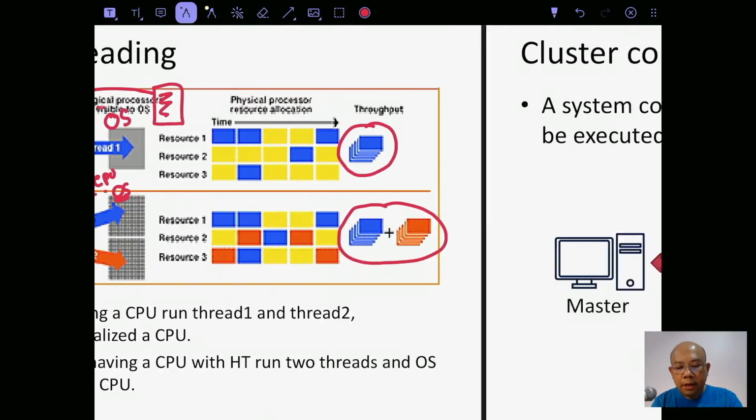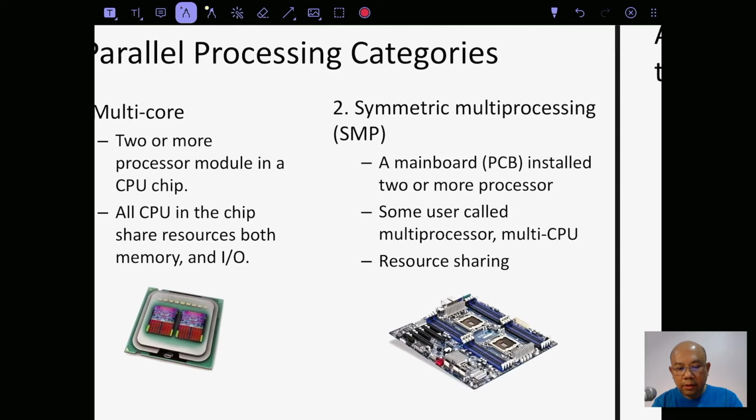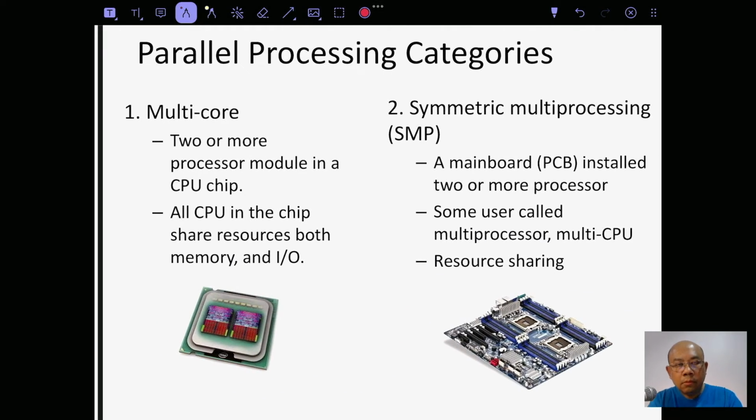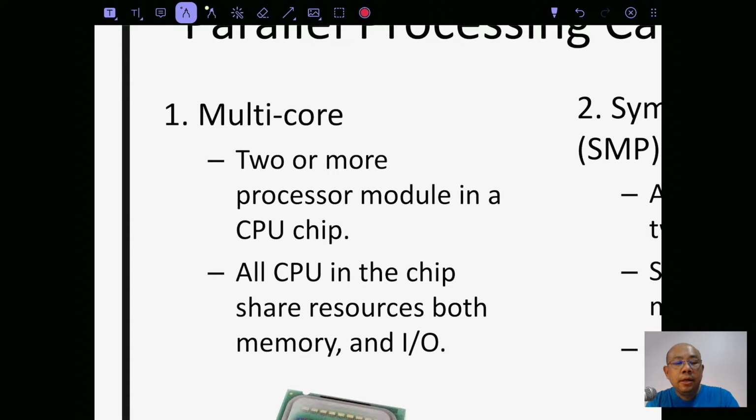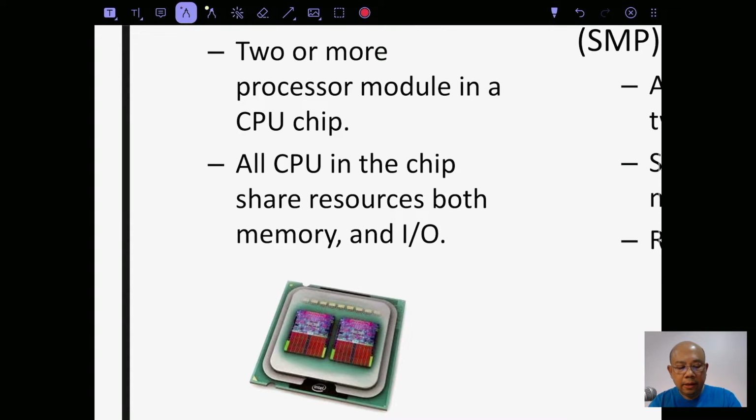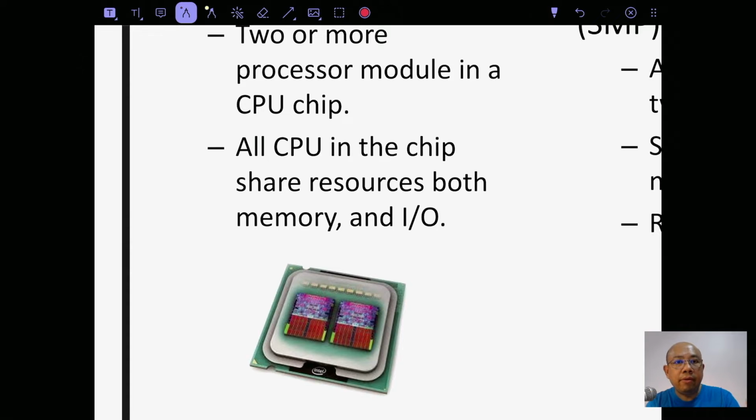Okay, now I show you in this picture. Today the computer systems we use are multi-core systems, like in this picture on the left-hand side. A multi-core processor means inside the CPU there is more than one core.